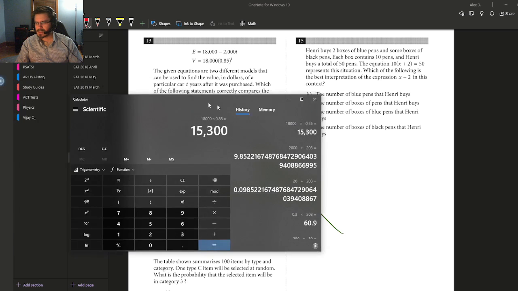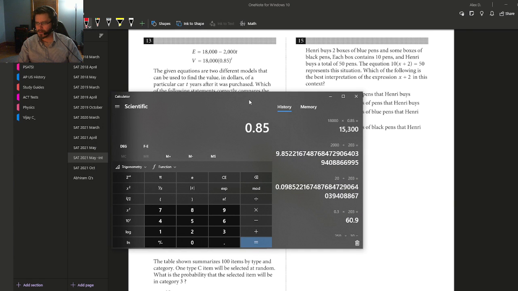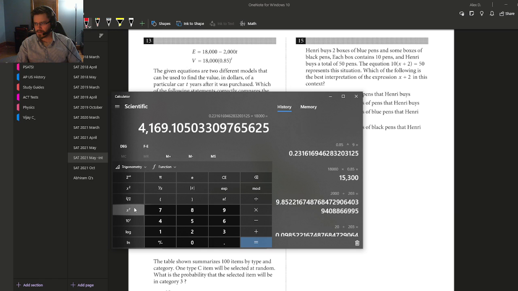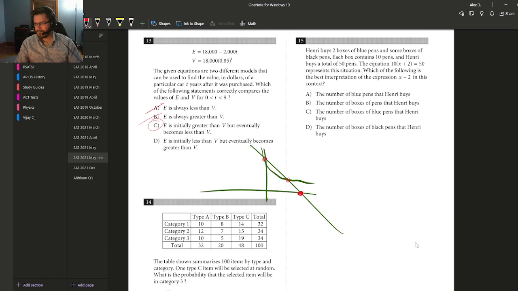So what is 0.85 to the 9th, and then times 18,000? Yeah, I think I've got this right, because this will still have some value left in it. E is greater, but eventually becomes less than. Yeah, I think that must be it.